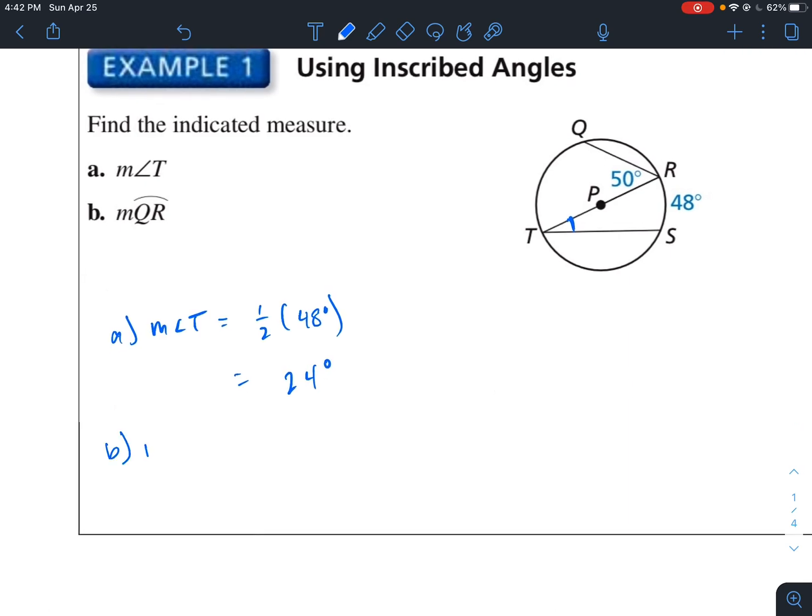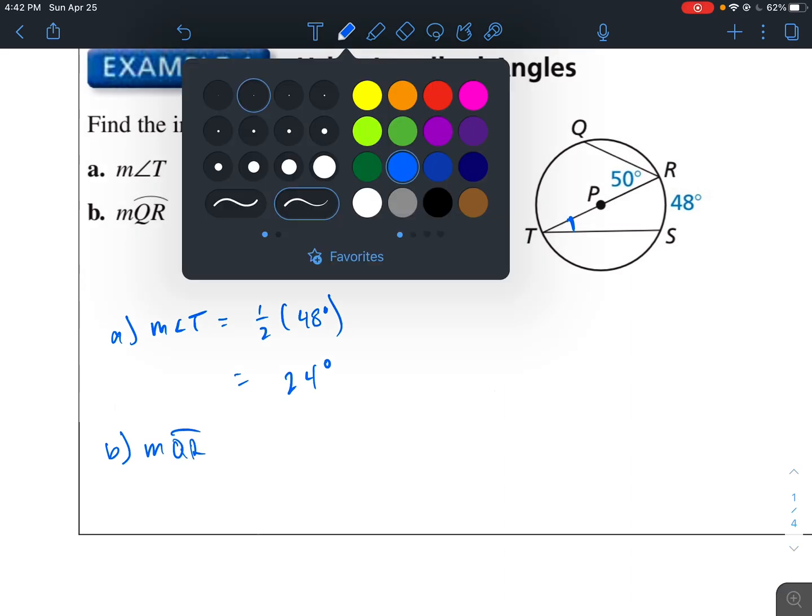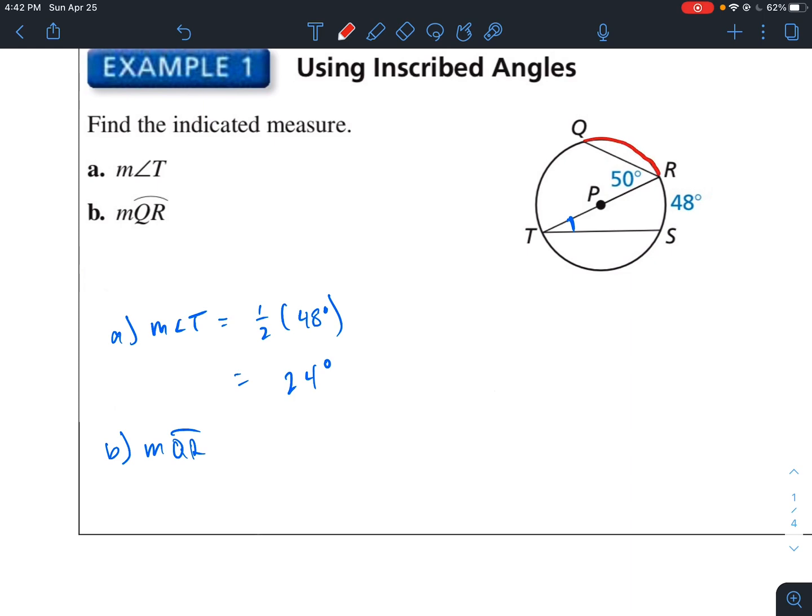Now B, measure of arc QR. So let's first note where that is on the circle. So that's right here. Now this doesn't have any inscribed angle, right? I don't see an inscribed angle anyways. So let's look at information that we have elsewhere. So we do have this angle right here, which is 50 degrees.